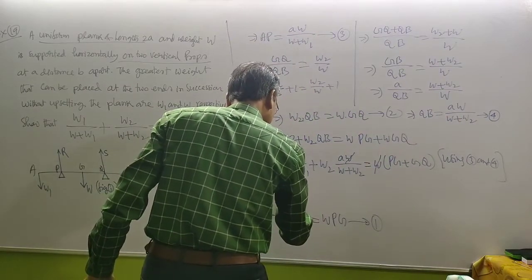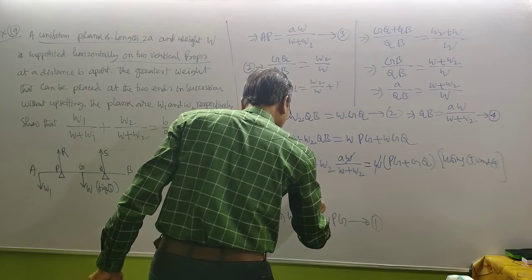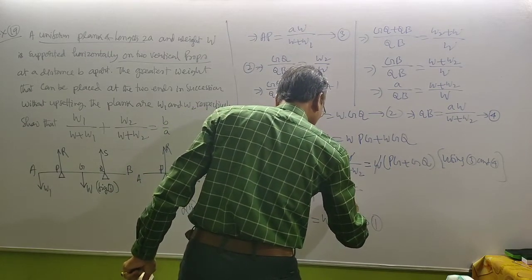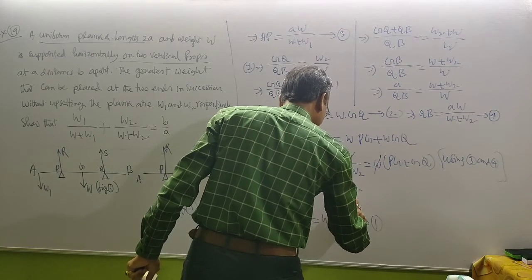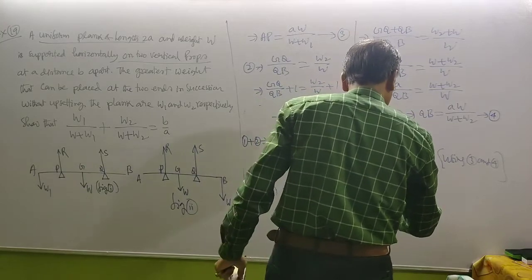Then you will get AG W1 divided by W plus W1 plus GB W2 divided by W plus W2 should be equal to PG plus GQ equal to PQ.